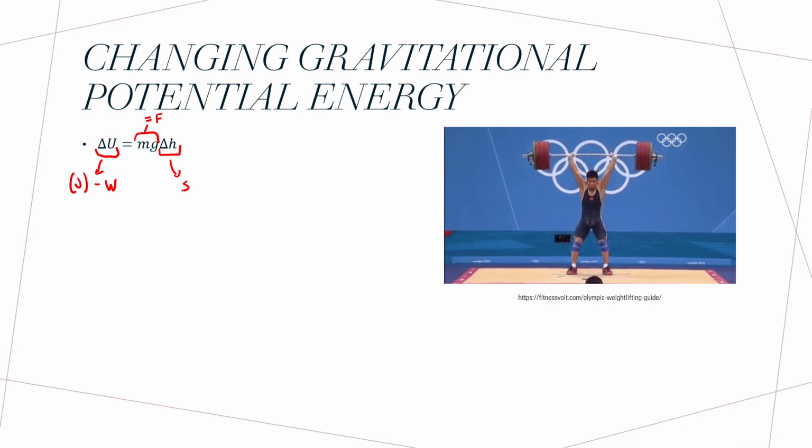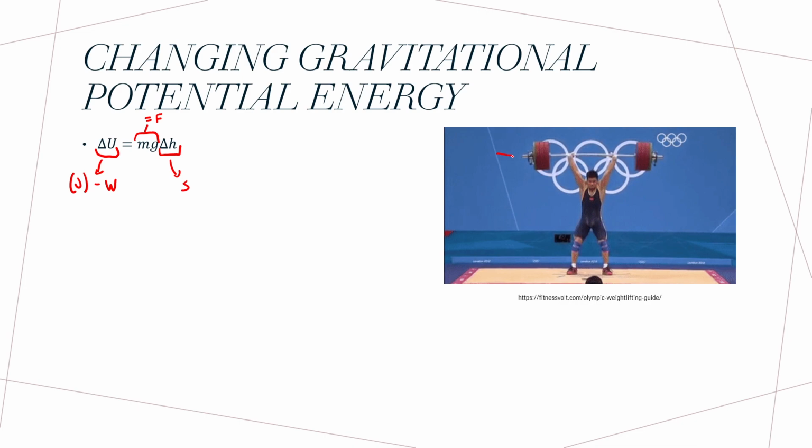Something to note though is when we're focusing on gravitational potential energy, really what we are saying is how much energy is building in an object as it is raised more and more above the Earth. Thus, there's energy stored in the object which could be converted into kinetic energy if whatever is supporting it was to go away. Let's just do a quick calculation to show what I mean.